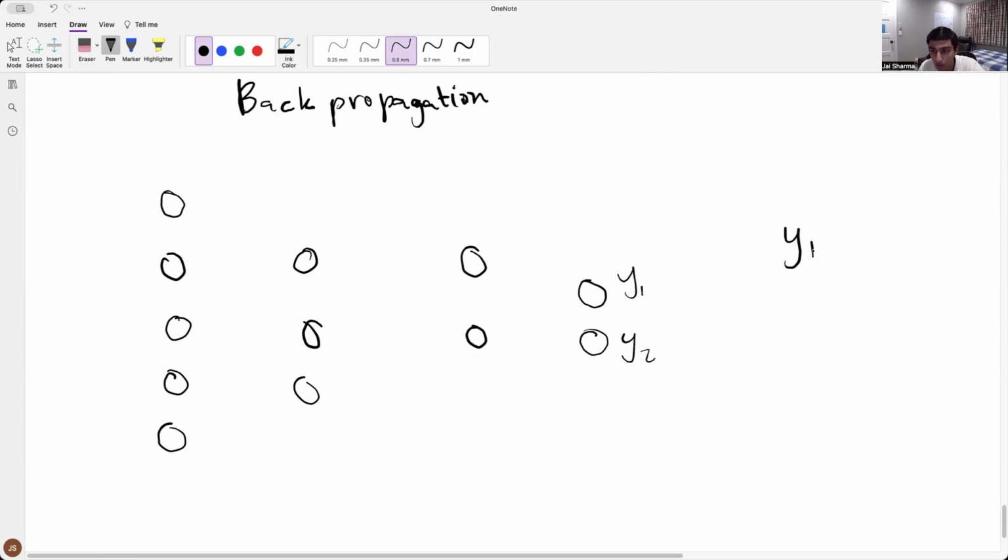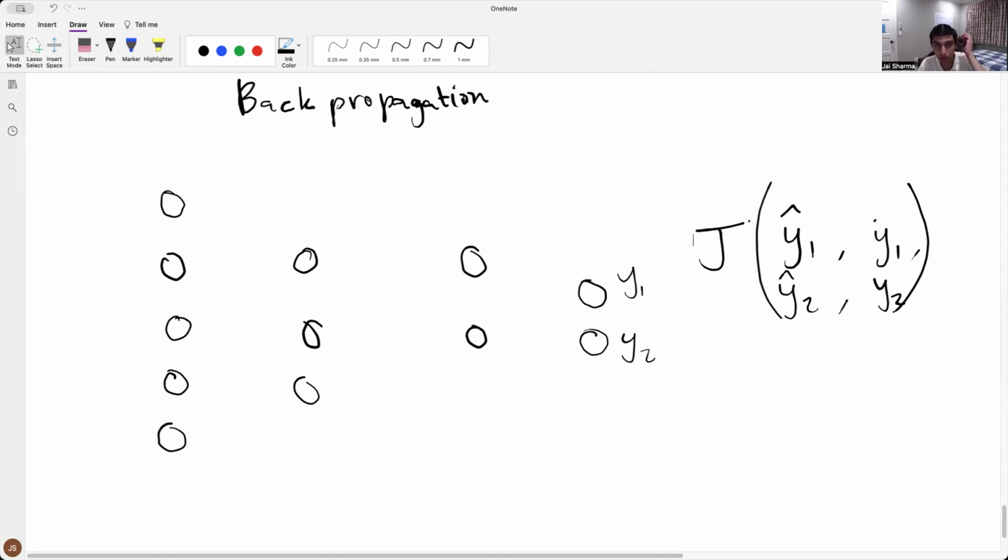And what we can do is compare y1 and y2 hat to y1 and y2, the real values. If we take all of this in, we can define some sort of cost function. It could be the binary cross entropy cost function as we talked about before, or the categorical cross entropy cost function, mean squared error, root mean squared error, or absolute error.